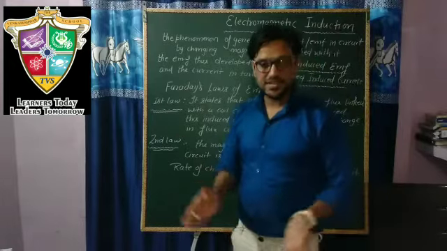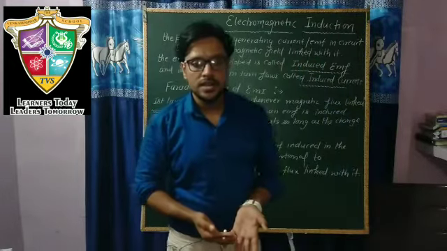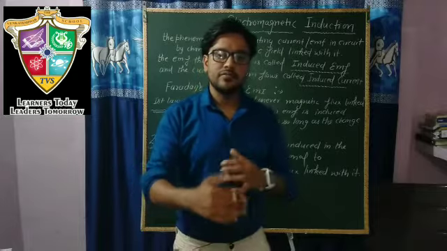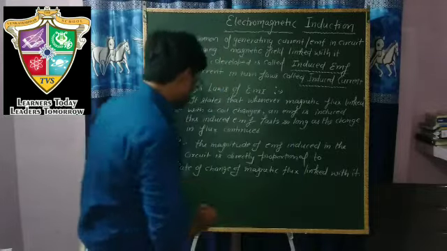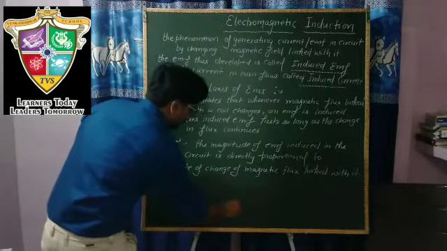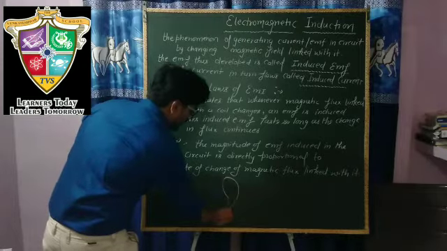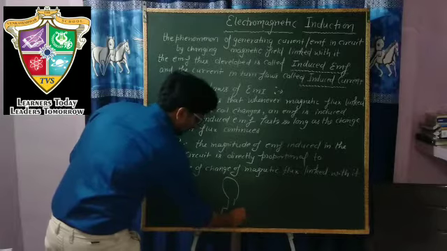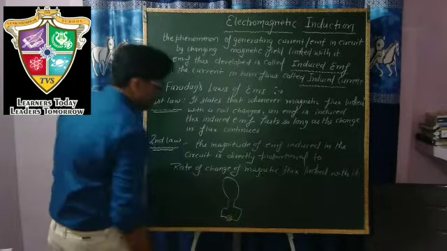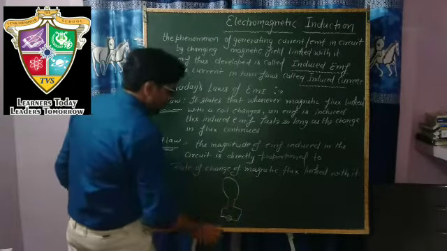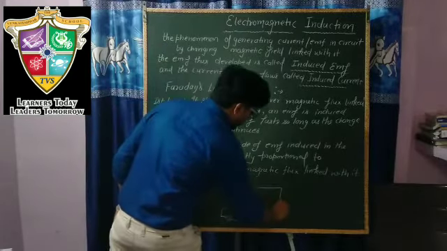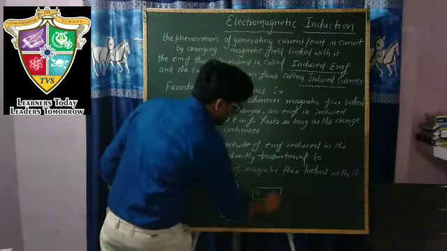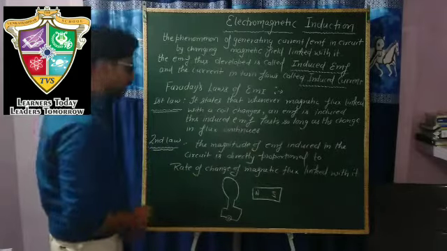If you have a circuit, a coil, and you change the magnetic field linked with it, like this: you have this coil connected with a galvanometer, and you have a magnet with north and south poles.